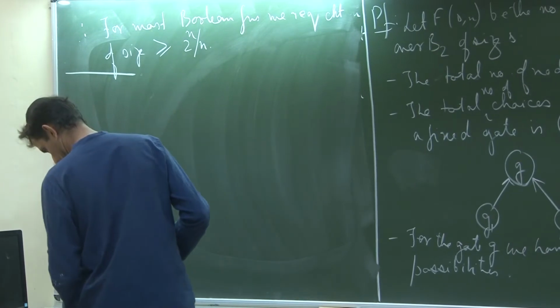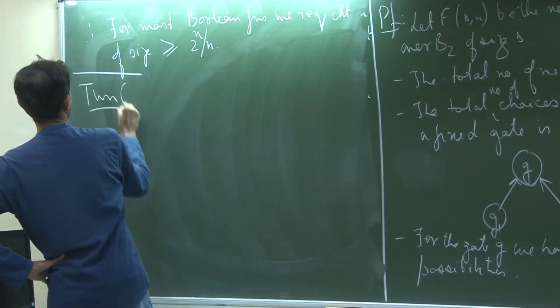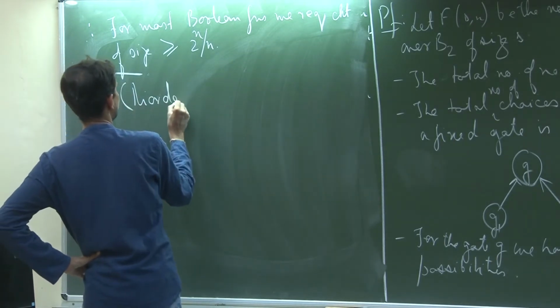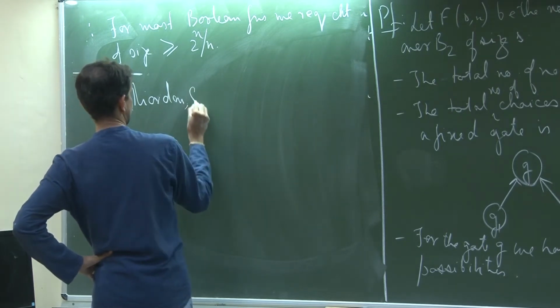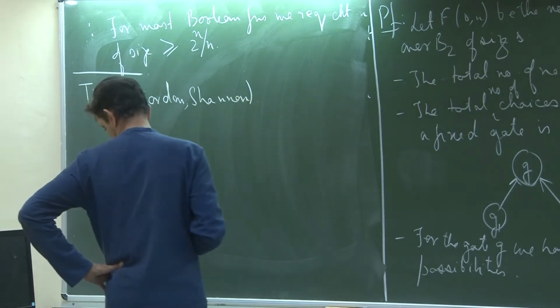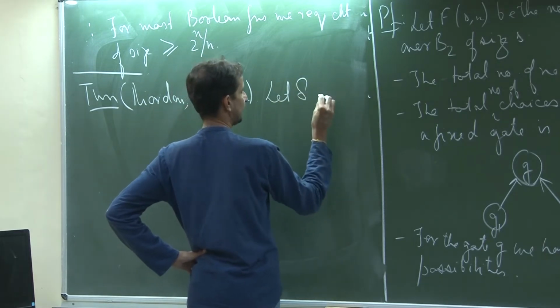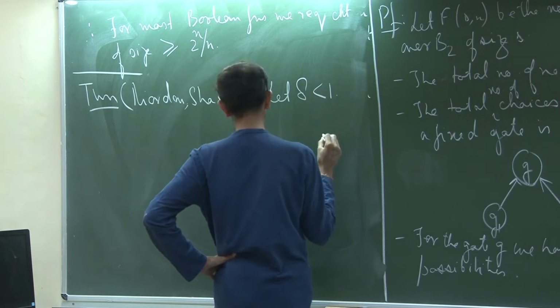Okay. So, theorem. This theorem is by Riordan and Shannon. Let delta be a quantity smaller than 1.